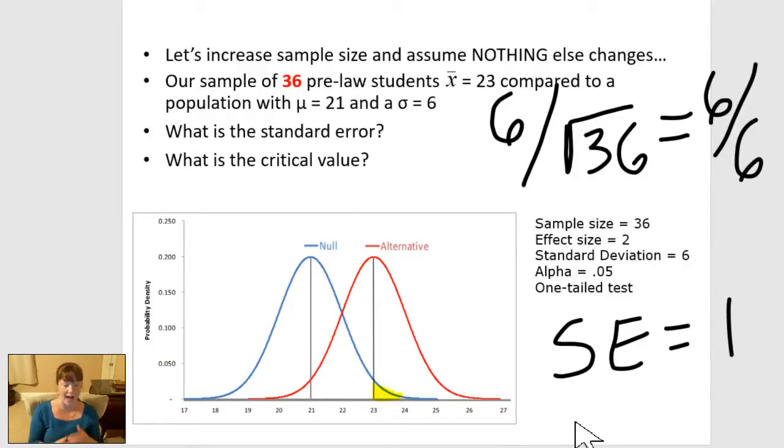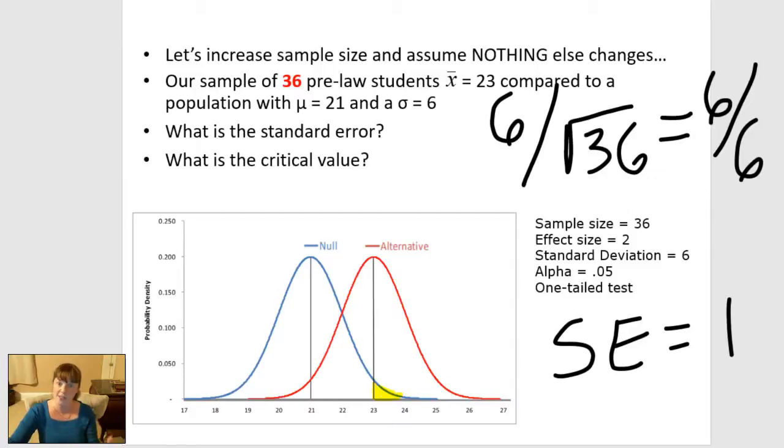My alpha is still 0.05, but because standard error is smaller, my critical value is different. Now my critical value is right around 23 because standard error got smaller. Alpha is still 0.05, but because standard error got smaller, because sample size got larger, I now have a critical value of something close to 23.